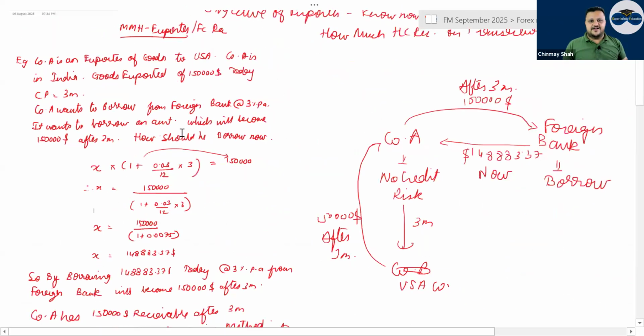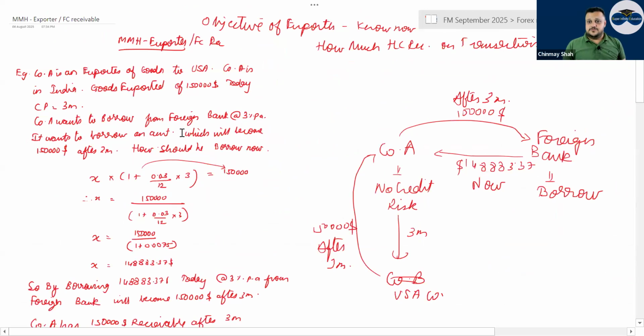So I have written parallel transactions also. You borrow the present value of 150,000, which is to be paid after 3 months. The present value, that is today's value of 150,000 at the FCBR, foreign currency borrowing rate: 150,000 divided by 1 plus the borrowing rate by 12 into N, where N is the credit period.